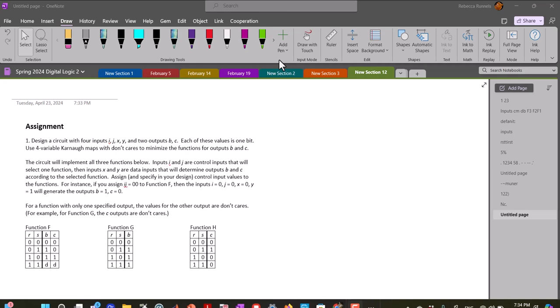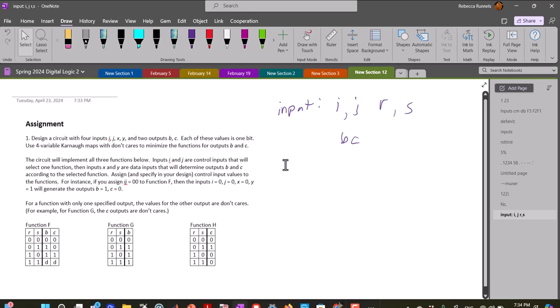So our 4 inputs, I, J, R, and S, and 2 outputs, B and C. And you have to figure out, you want to minimize the circuit, and then you need to map that circuit to chips available in the lab.